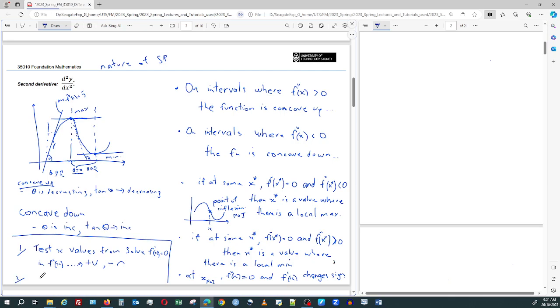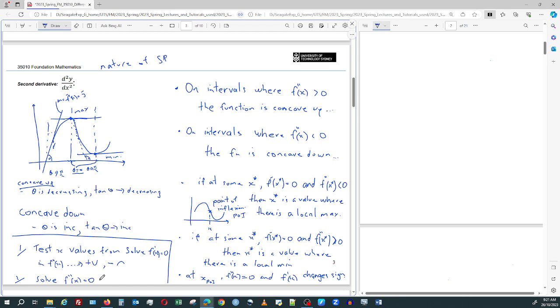The second thing we can do is solve. Again, there's a lot of solving, isn't there? Lots of reasons for solving now. We used to just find the x-intercepts, but now we're finding places of concavity. Solve f double dash of x is equal to 0.